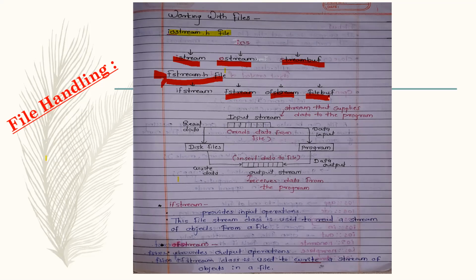The stream that supplies data to the program is known as the input stream. And the stream that receives data from the program is known as the output stream.